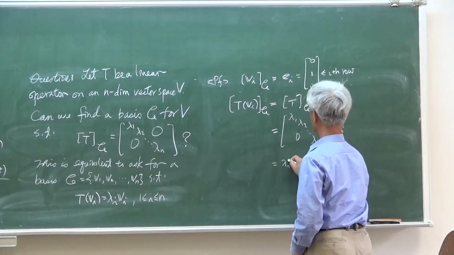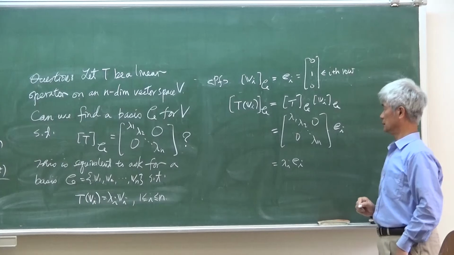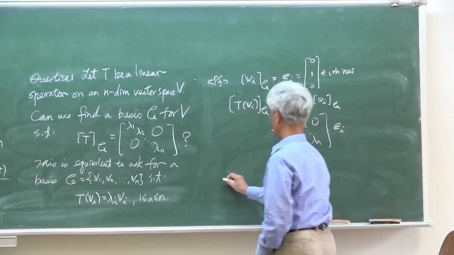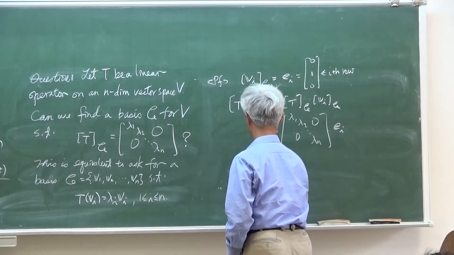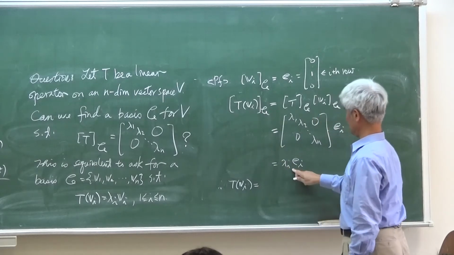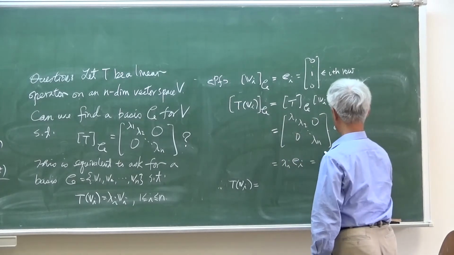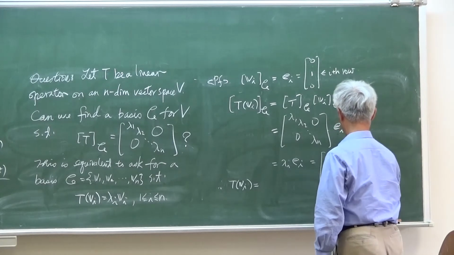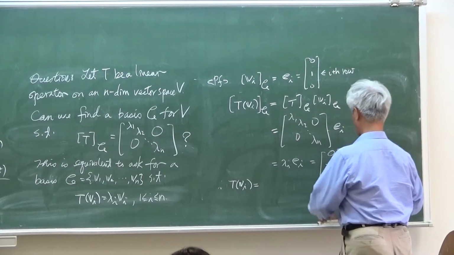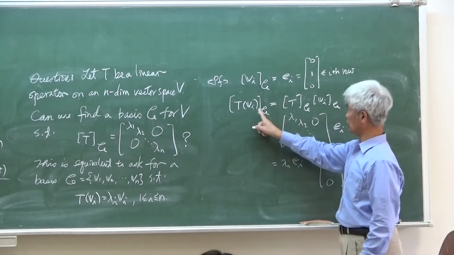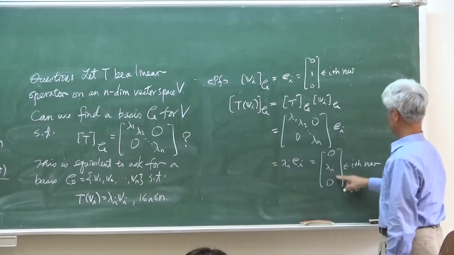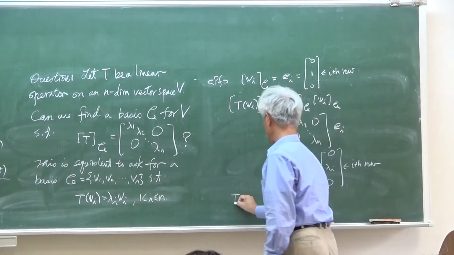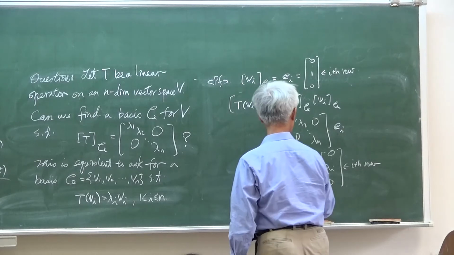This is just lambda I. So the T V I, the C coordinate of the image of V I has a non-zero coefficient at the I-th position. So that means that T V I is equal to what?